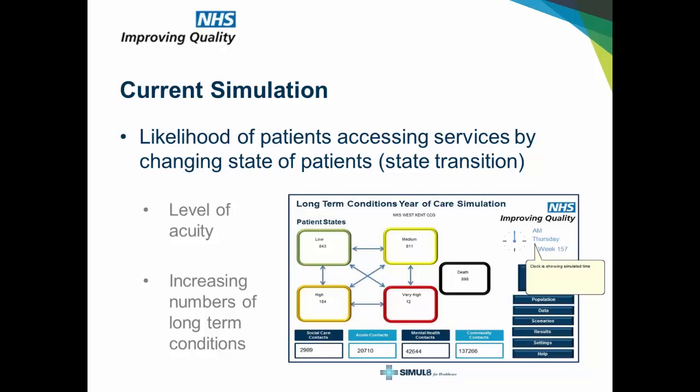But as they transition through the years, there is a likelihood that they might move from a lower risk state through to a medium, high, and maybe very high risk. And so we wanted to be able to model that movement between those different states. And we were looking at patients by their level of acuity, so the risk that they might have, and also by their increasing number of long-term conditions.